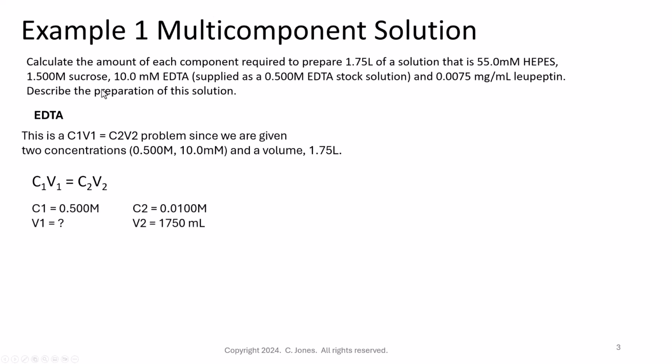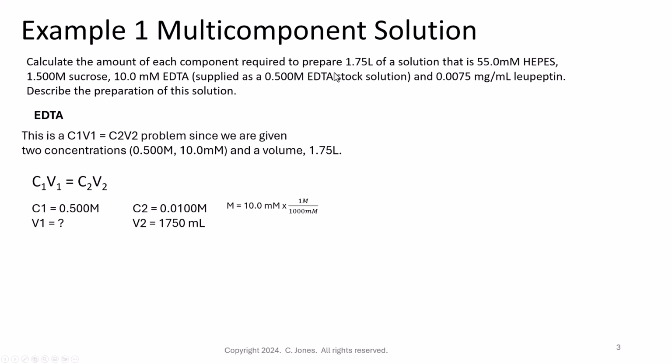All right, so we have 0.500 molar for the initial concentration. If we convert the millimolar value to molarity, shown here, then our final concentration is 0.0100 molar. So just double checking, confirming that this number is smaller than this number.